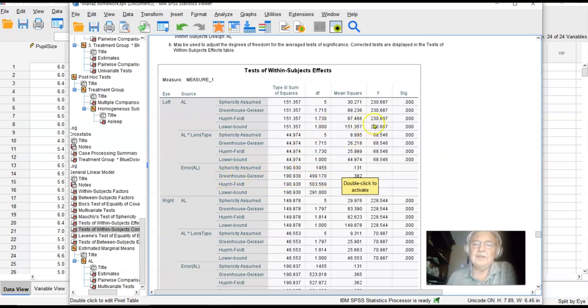We're doing Greenhouse-Geisser, so the F is 88.236 divided by 0.382, the mean square error, and that gives us an F of 230.